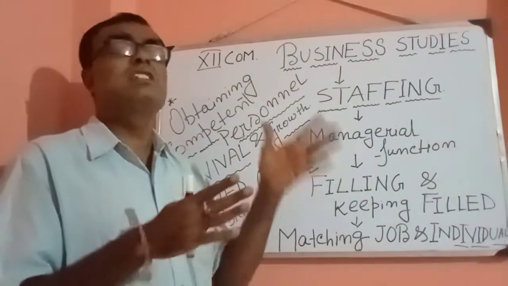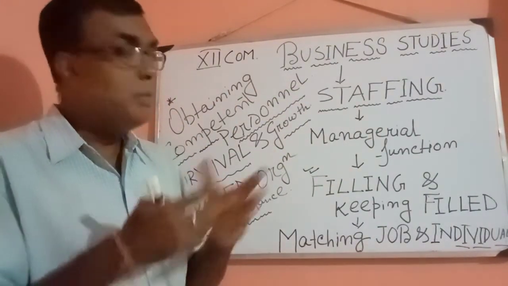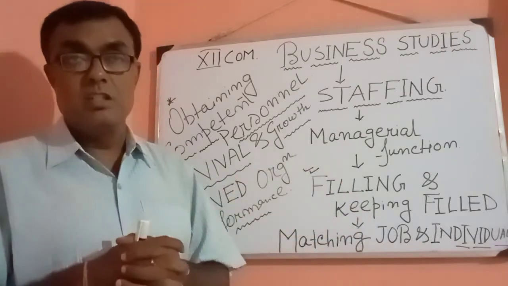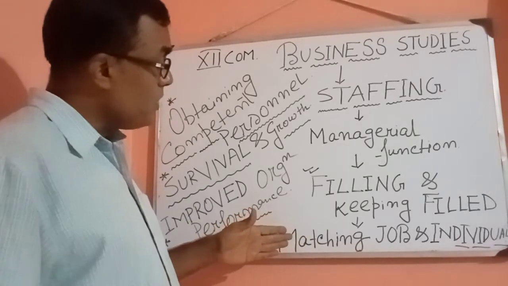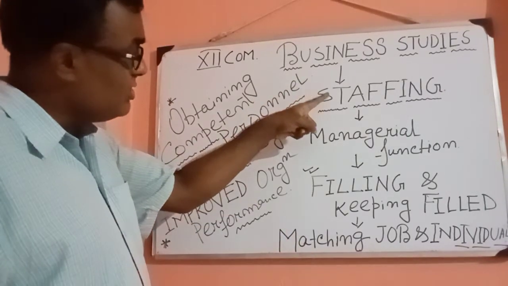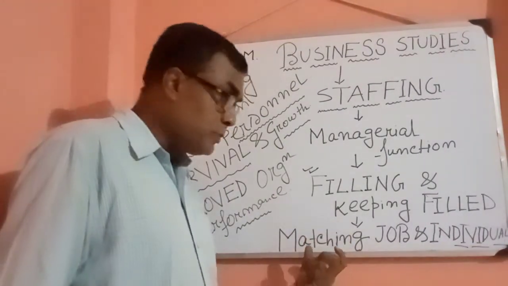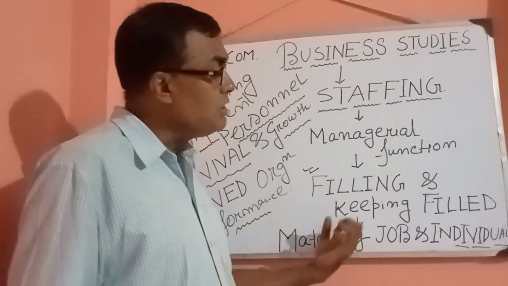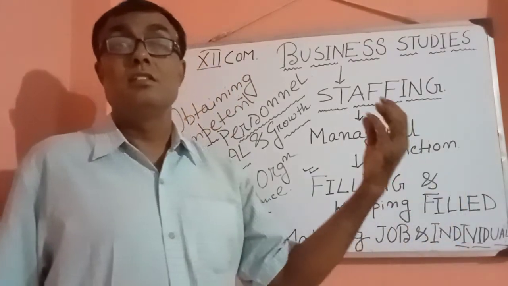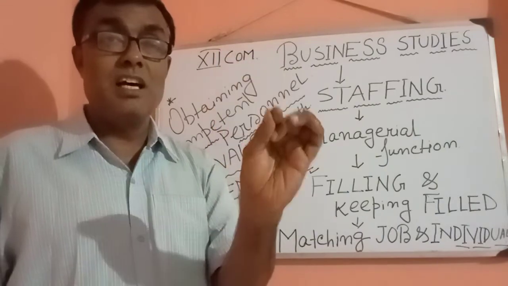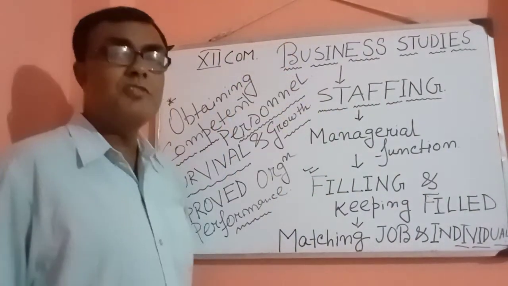So the ultimate objective of the staffing function will be reduced. So it is a process through which the human resource manager is always engaged in matching job with the individuals, and they are always trying to search for competent individuals.